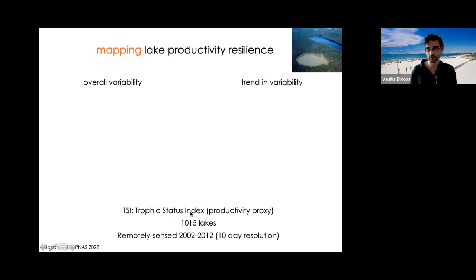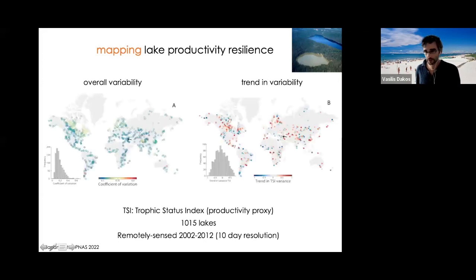Basically, that's a proxy of productivity in the lake, how eutrophic a lake is. And in this 10 years record, which is quite short, I would say, we tried to identify, on the one hand, the overall variability, the variance during that period measured in that lake, but also the change in variability.